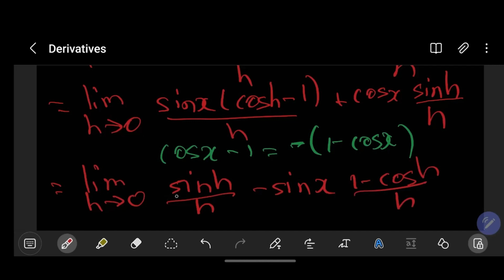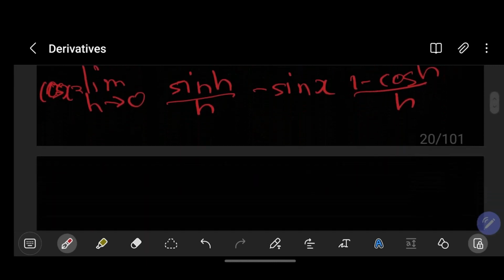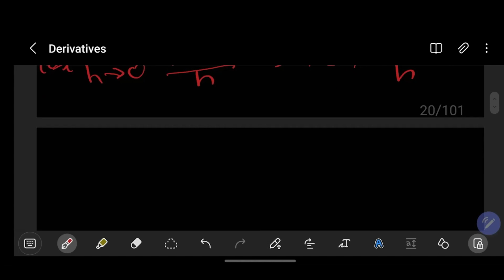And we can pull out the cos of x that we had up here, and write it in the front as a constant.